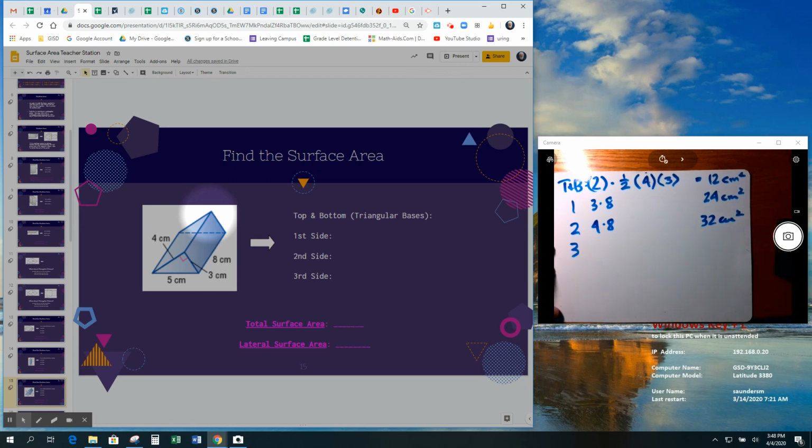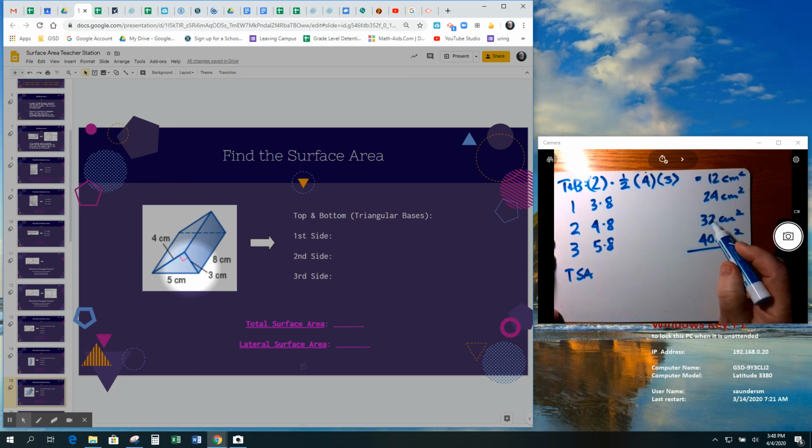And the last side would be this surface right here, the bottom that it's sitting on flat. And so that edge is 5 centimeters by 8 centimeters. 5 by 8. Okay, 5 times 8. So that's 40 centimeters squared. And so for total surface area, I add all 3 together.